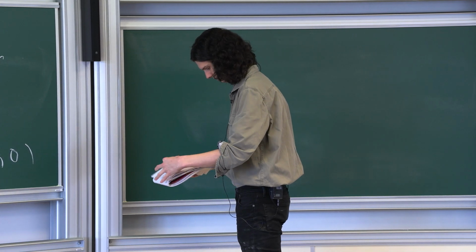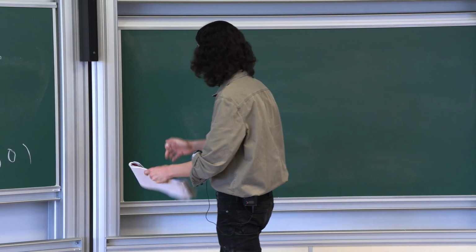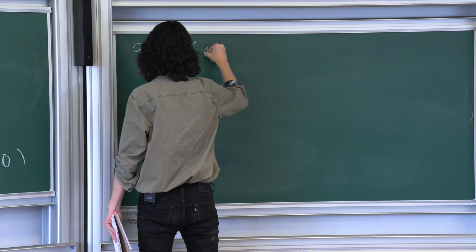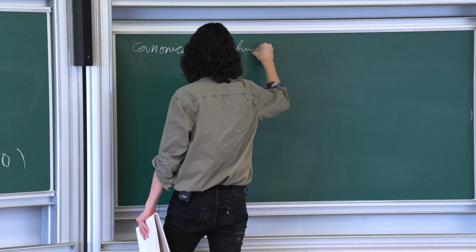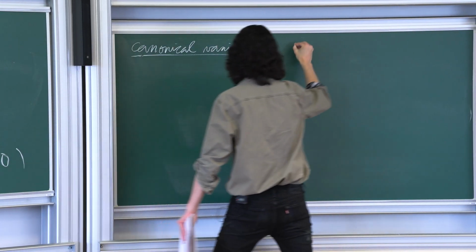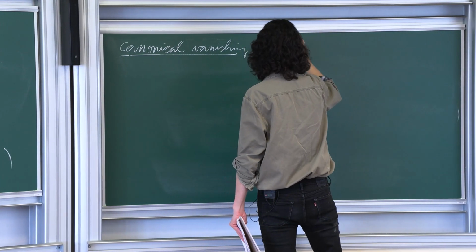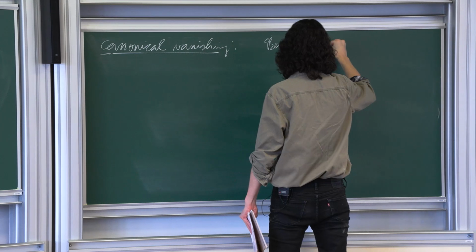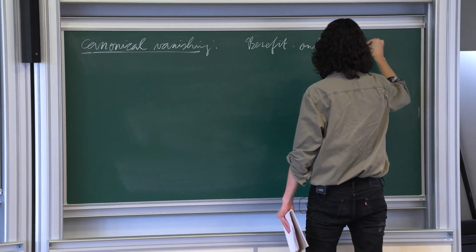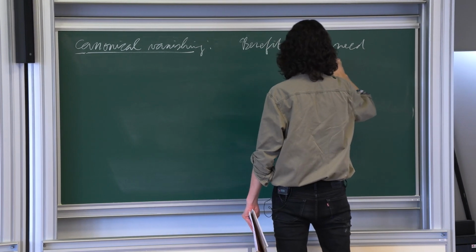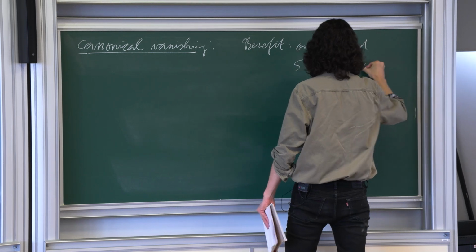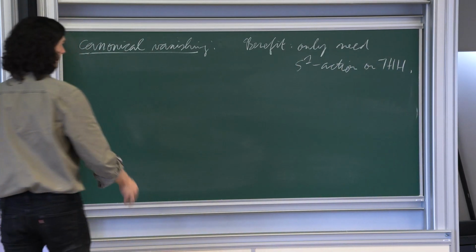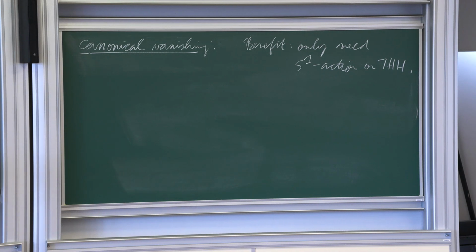Right, so for canonical vanishing, the benefit is the only bit of structure you need to consider is the S1 action on THH. You don't need the Frobenius. The drawback is you have to keep track of Vn plus 1.